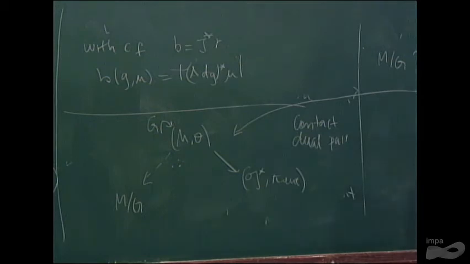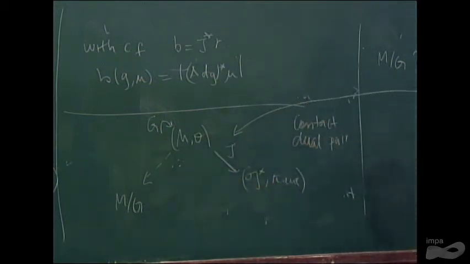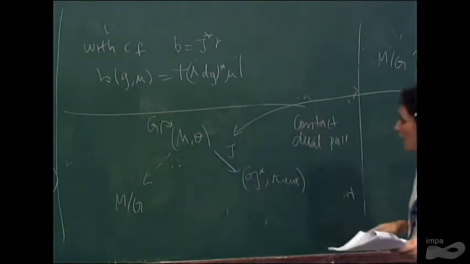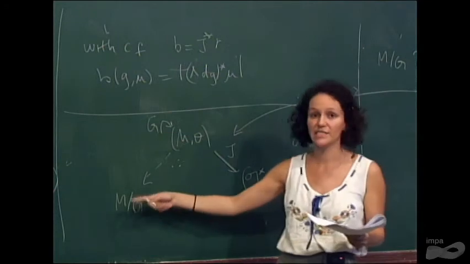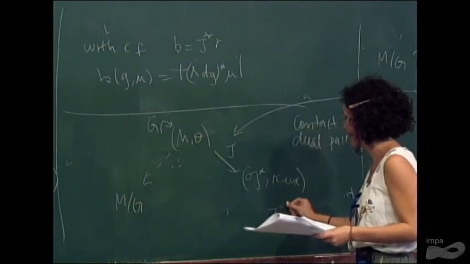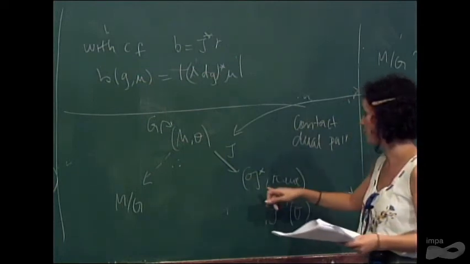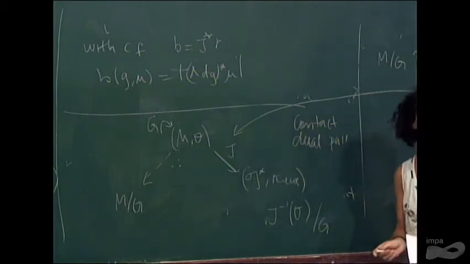Actually, from here, if you assume some conditions about J, you have these two Poisson manifolds, and if you assume some conditions, then this is in the work of Chen, Chang and Zambon. You can describe the symplectic leaves of this space as J minus 1 of the coadjoint orbits modulo the action, which is nice.